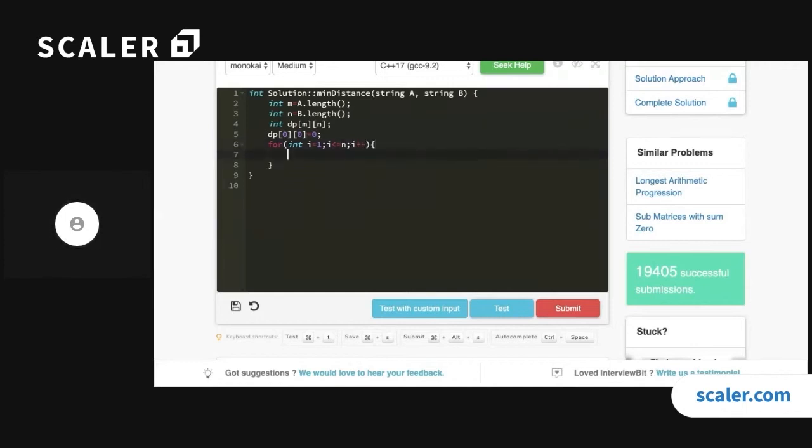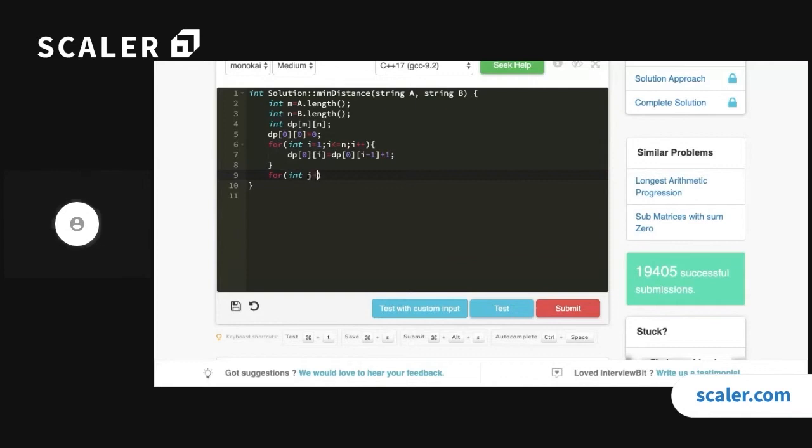Then dp of 0 i is equal to dp of 0 i minus 1 plus 1. What are we doing? We are initializing our base cases, just adding the values from the previous cell on the top row and the top column.